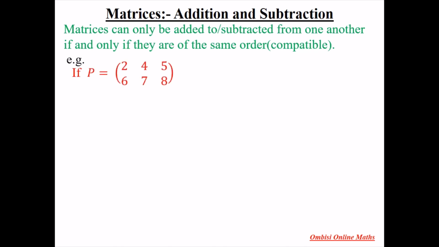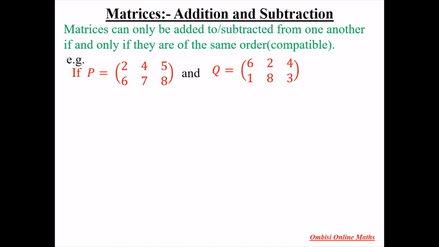For example, matrix P equals 2, 4, 5, 6, 7, and 8, and there is another matrix Q that is 6, 2, 4, 1, 8, and 3. The first matrix P is of order 2 by 3, meaning it has two rows and three columns.